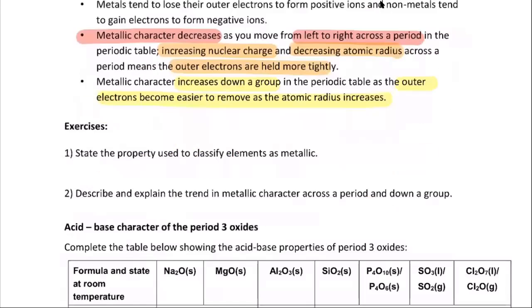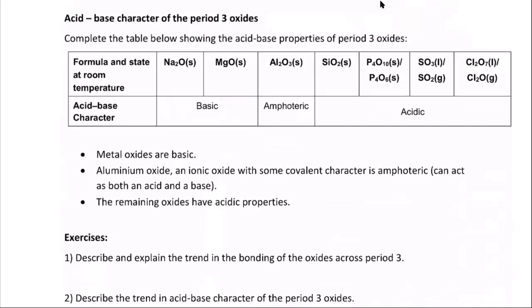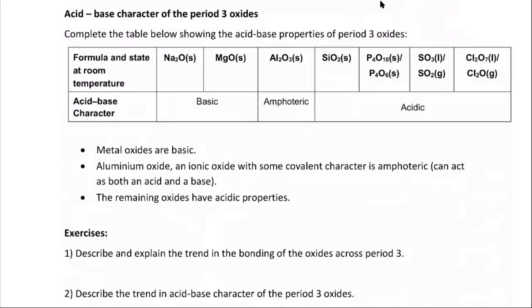Okay. All right, the last thing here is the acid-base character of the period 3 oxides, okay? Now, kind of like the melting point, this is going to make more sense when we do topic 4 with bonding, and also later on after we talk about acids and bases, which is topic 8.